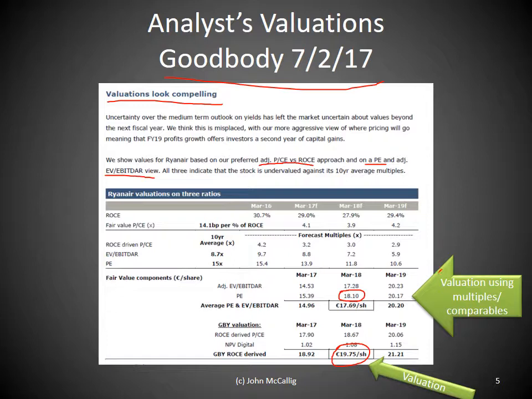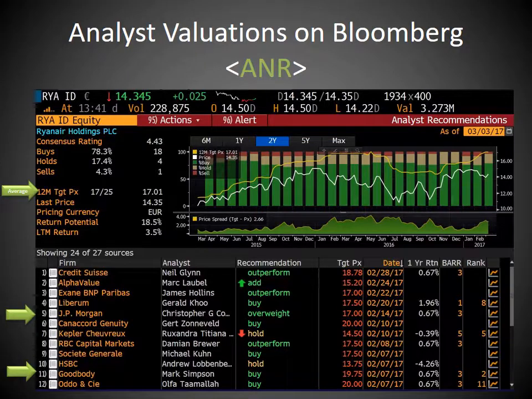So for now, all we need to note here is that this is a fairly radically different approach from JP Morgan, in that Goodbody are using valuation using multiples to get their valuation. And in part 2 of this presentation, I will talk about how you do that, use valuation using multiples.